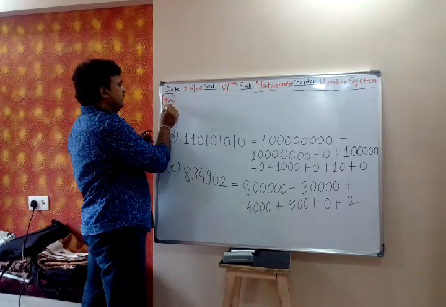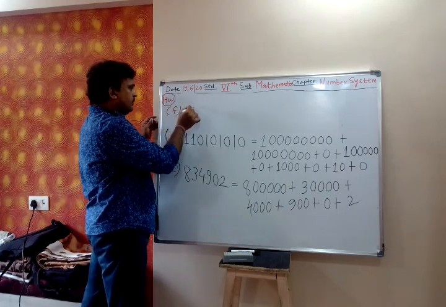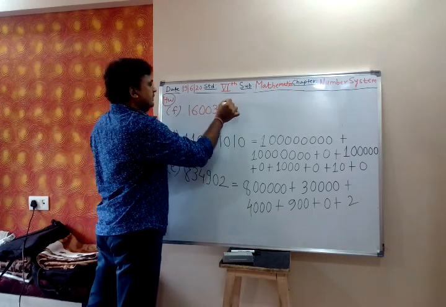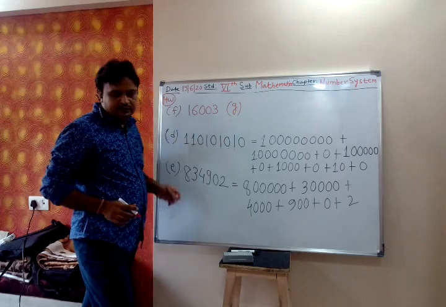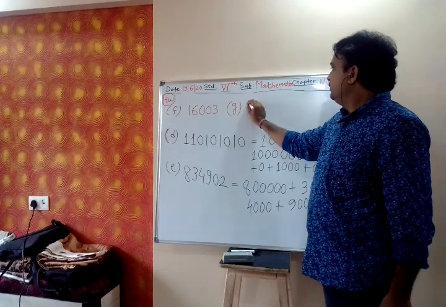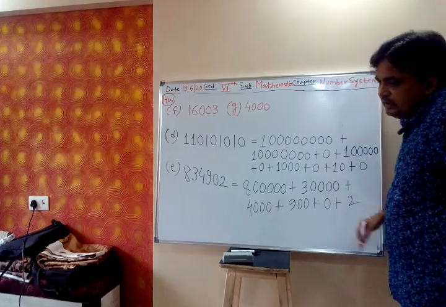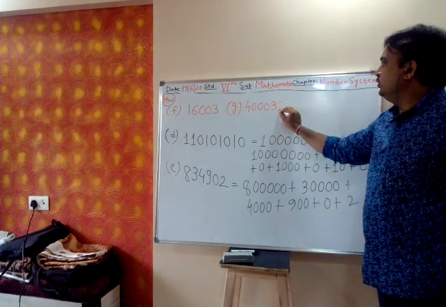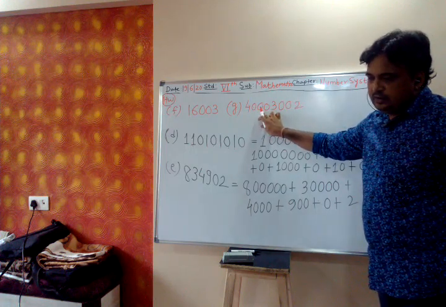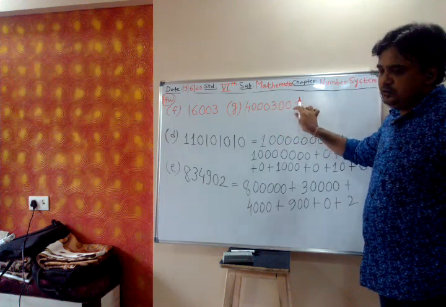Question number F, the number is 1616003. Write the expanded form. Then G, 400030, then 32, 4, then 30, then 3, then 20, then 2.